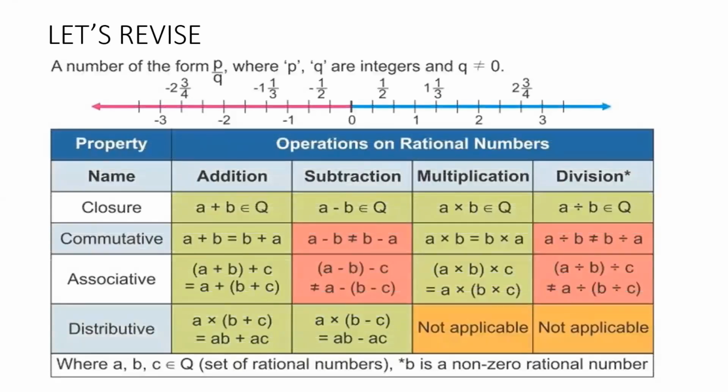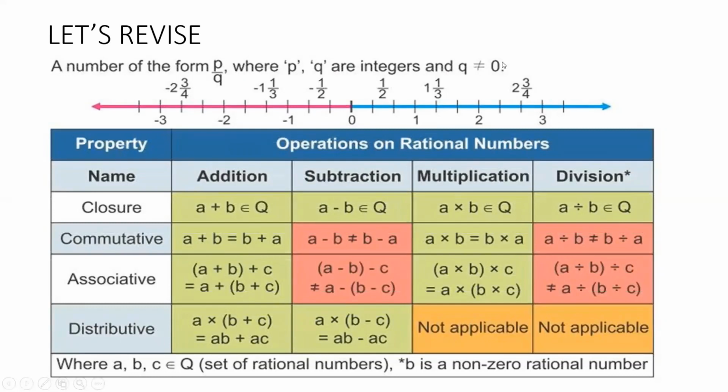Students, as I said, we'll start our topic with revision, that is definition of rational numbers and properties of rational numbers. Definition of rational number was a number of the form p upon q where p and q are integers and q should not be equal to 0.